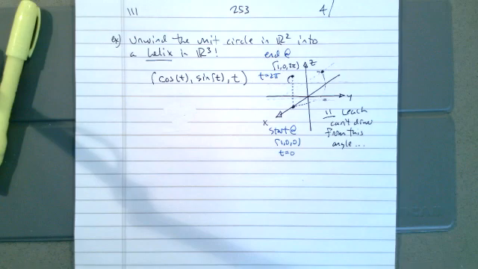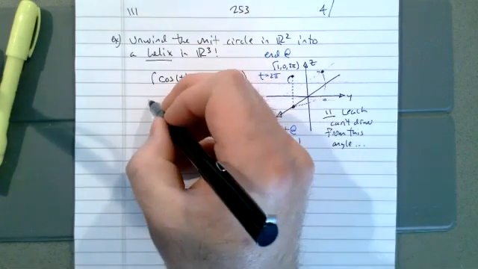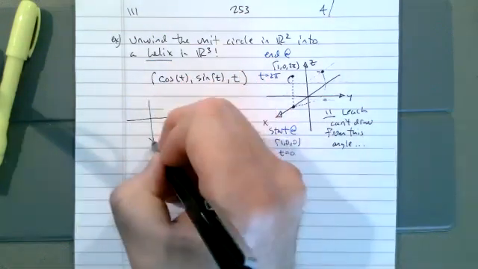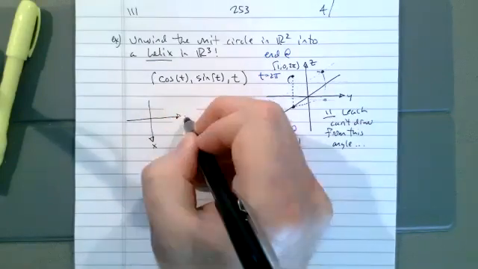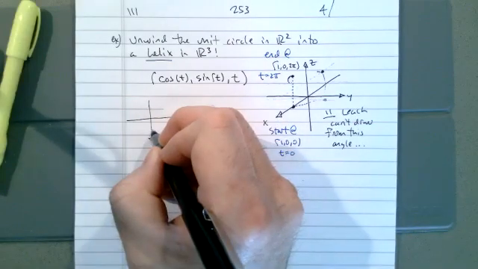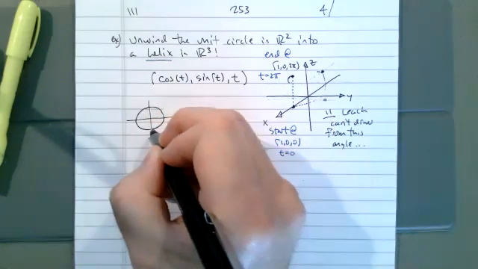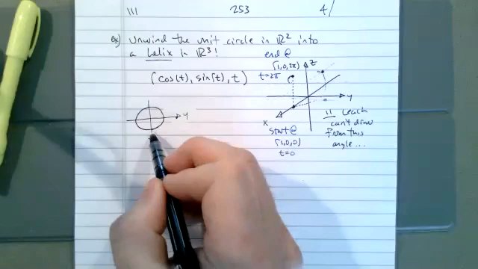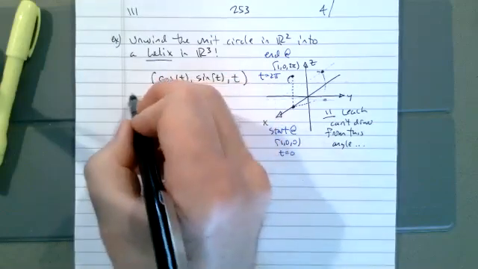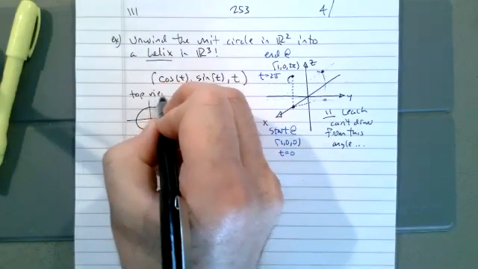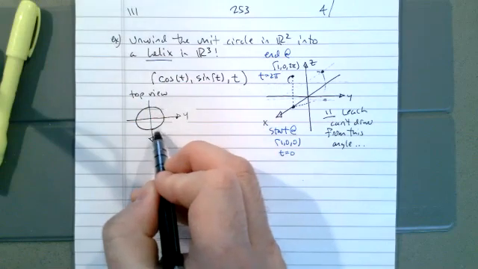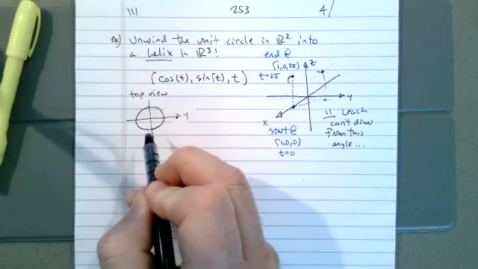So if we view things from the top, we imagine this point going around the circle, but as it does so, it comes out of the paper.